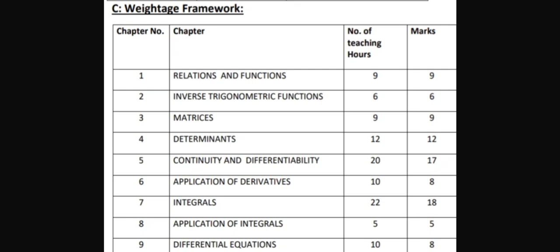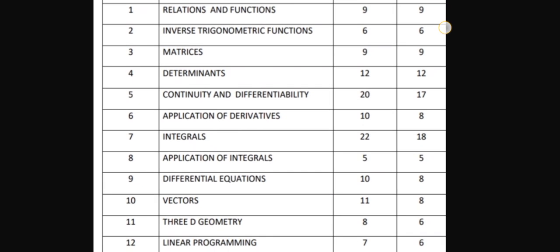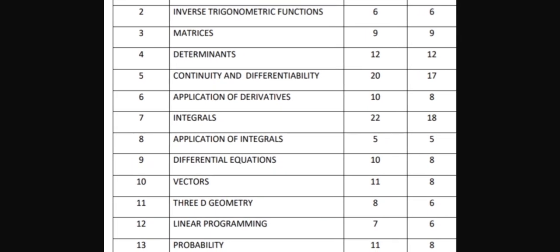Next, based on integrals, we have discussed the next chapter, application of integrals. It carries 5 marks. The next concept, differential equations, carries 8 marks, and vectors, meaning vector algebra, carries 8 marks.